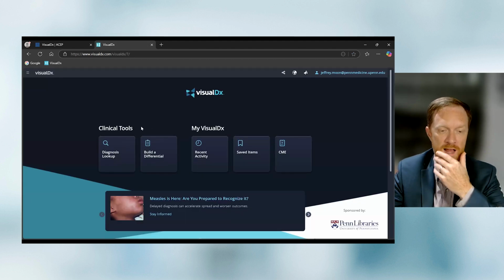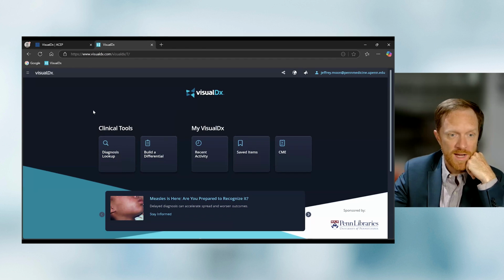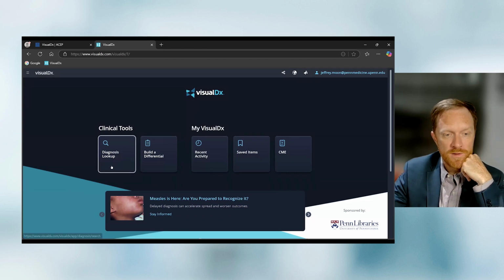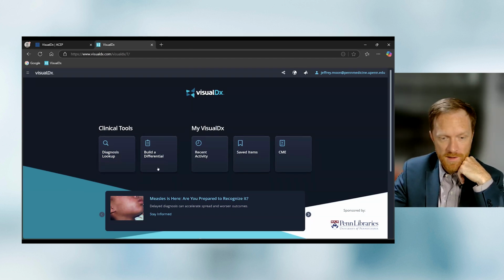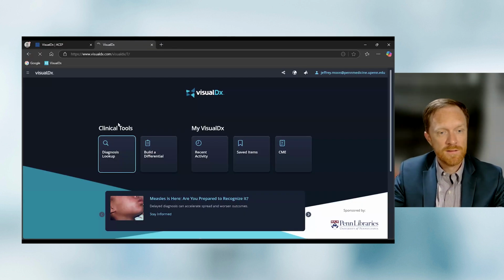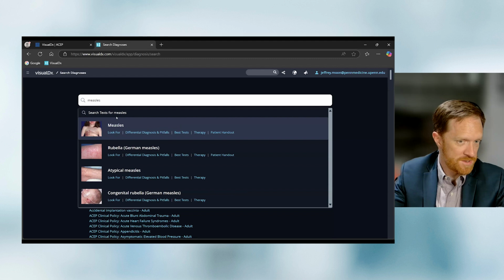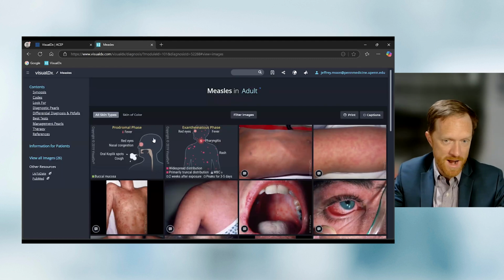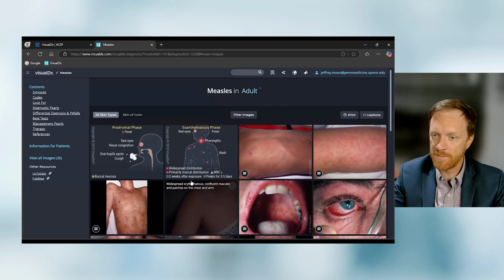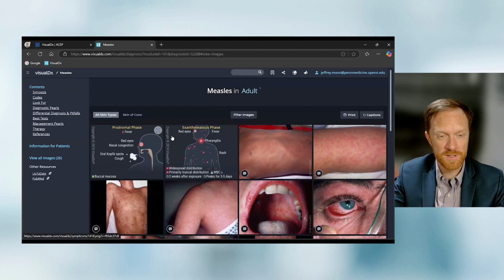Let's say in the next 2 months, you go to visualdx.com, you do diagnosis lookup. Very easy to use. You look up measles. If this is higher on your differential, you're not sure, here's a lot of the same stuff Dr. Most just covered.